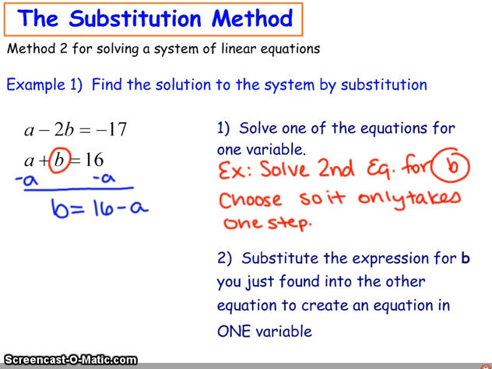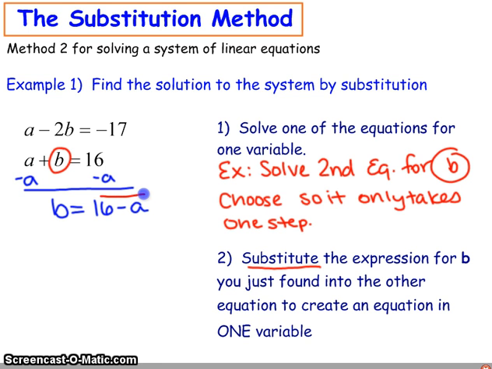Once you've done that, your second step is where this method gets its name. You're going to substitute the expression for B you just found into the other equation to create an equation that only has one variable in it.